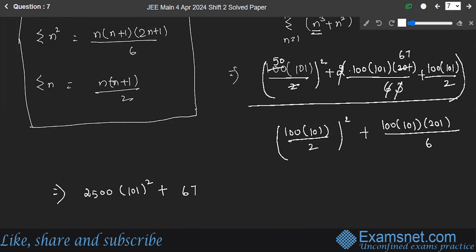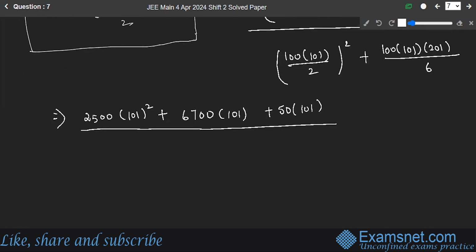So 6700 into 101 plus 50 into 101. The denominator is going to have the same thing. This is 50, so this is 2500, 101^2, plus, after 67, 6700 into 101 divided by 2.